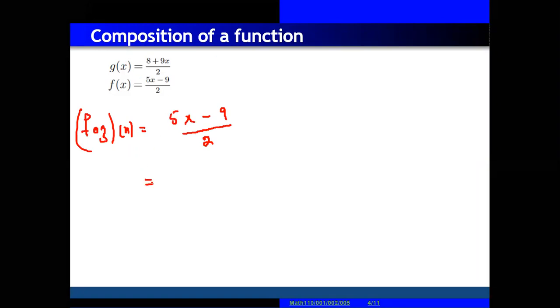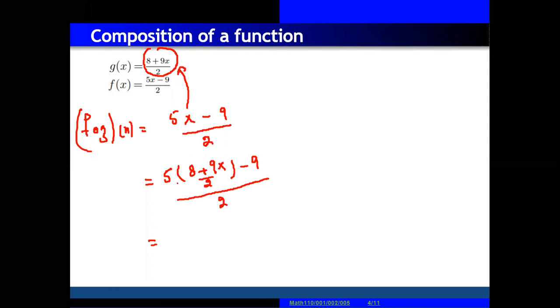So we write 5 and replace x with the g function, 8 plus 9x divided by 2, minus 9, and then the whole divided by 2. We have 5x minus 9 divided by 2, just we replace x with the g function.